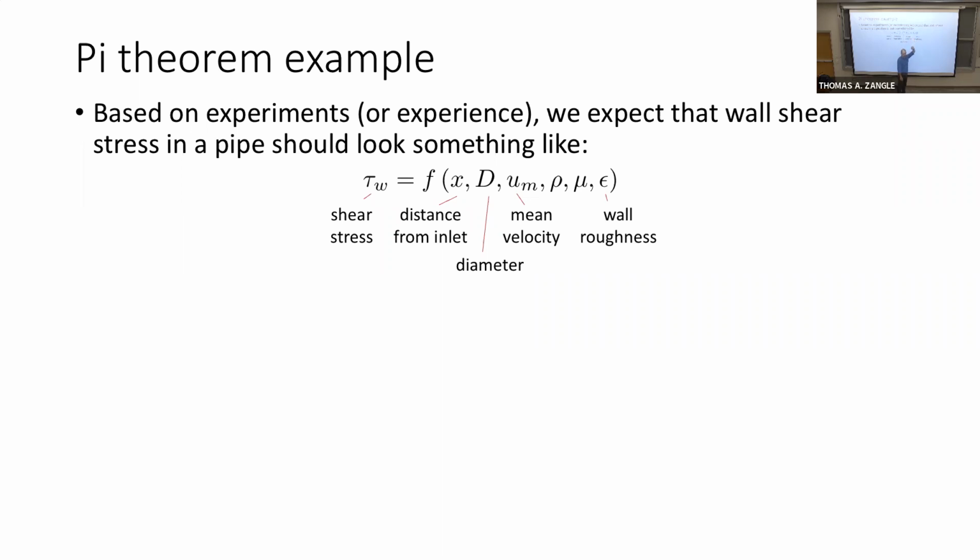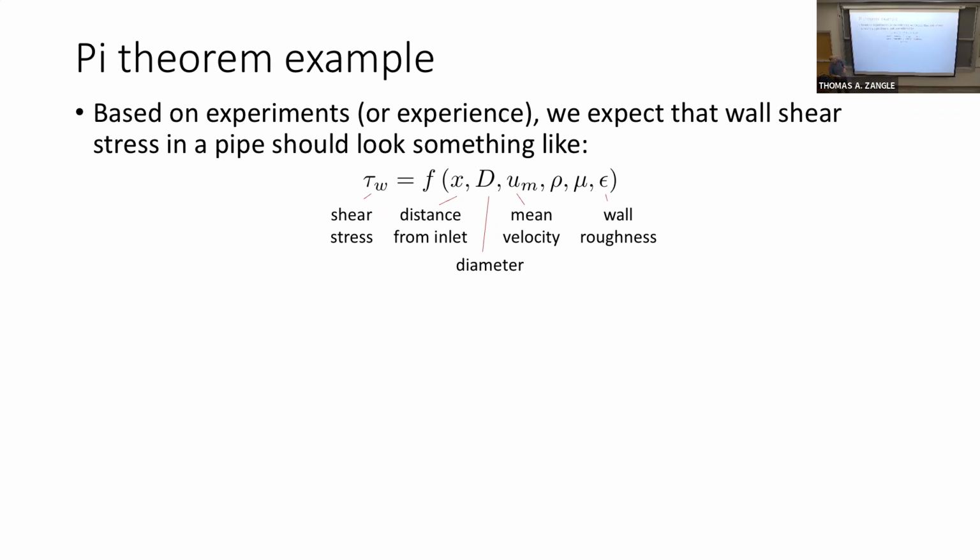And this epsilon here, which is wall roughness. So again, it's basically the texture of the surface of the pipe. And you may not know this immediately, but let's say you've done experiments in the lab and you've determined that it must be these things. That's one way to come up with this.